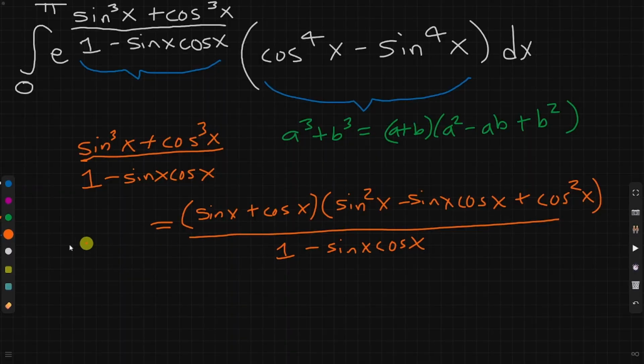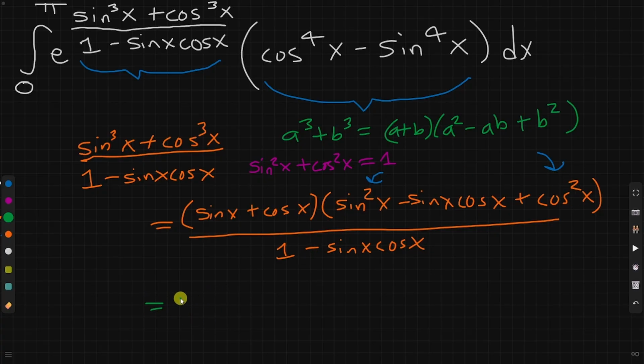Okay? Now, if you recall from our trigonometric identities, we know that sine squared x plus cosine squared x is equal to 1. And if you look at what we have here, we have a sine squared x added to a cosine squared x. This means we can replace the sine squared x plus cosine squared x with 1.